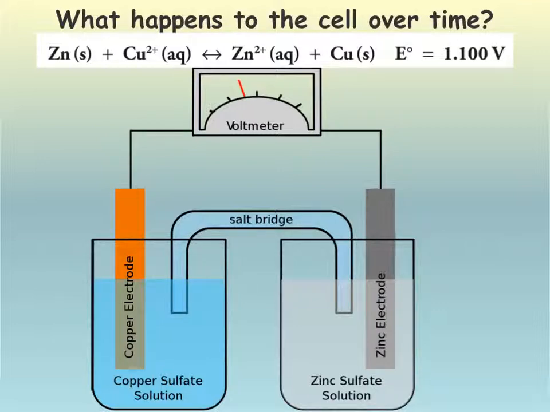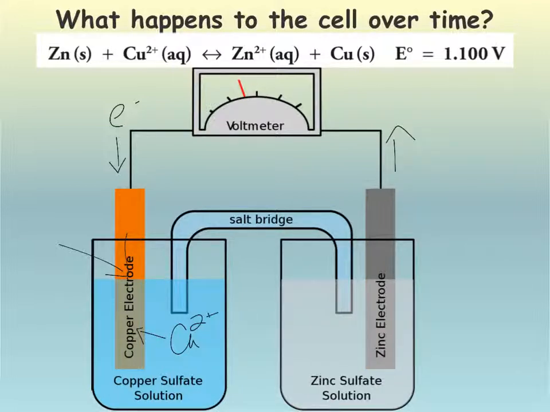All right, so I want you to think about this cell. We know that our copper 2 pluses over here are being reduced, so they are gaining electrons, and this electrode is getting bigger.